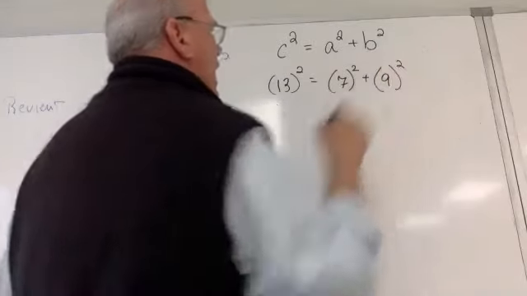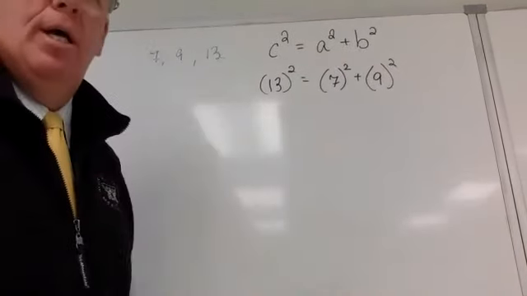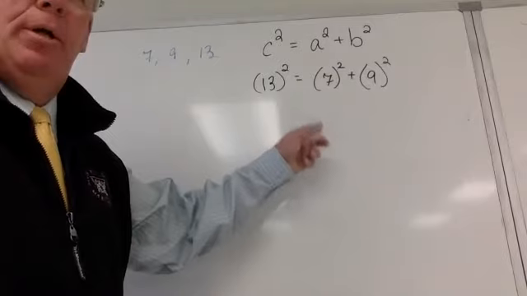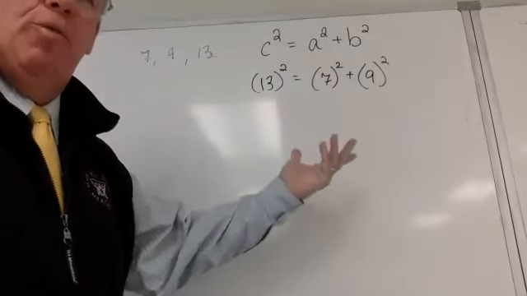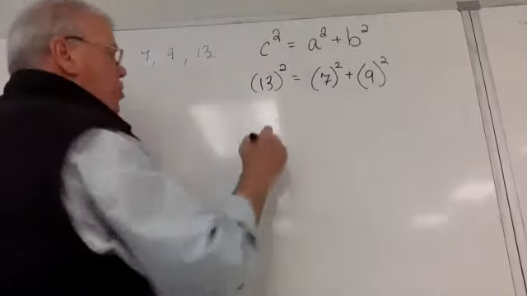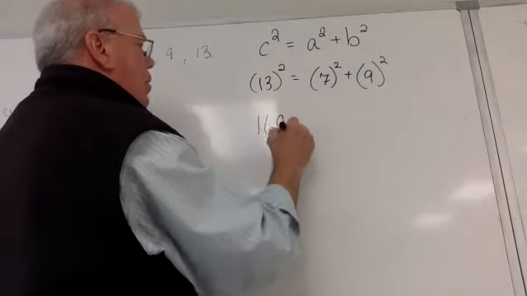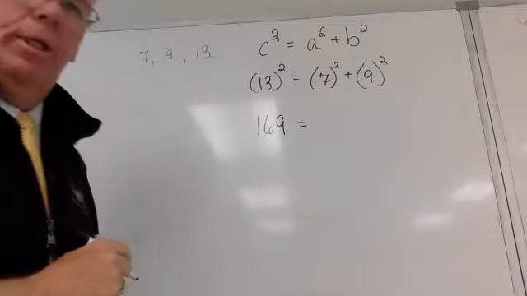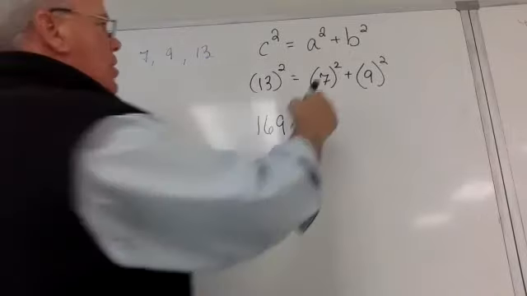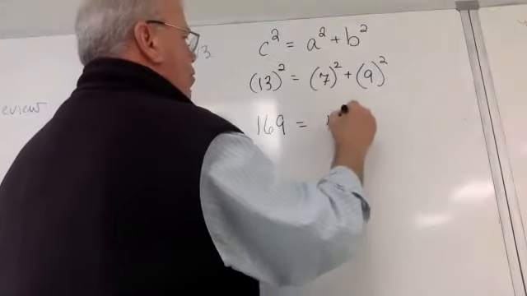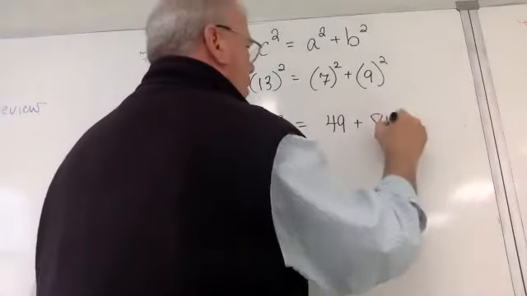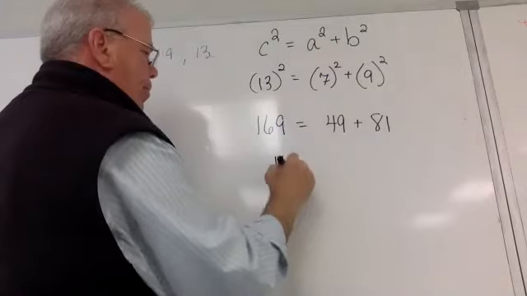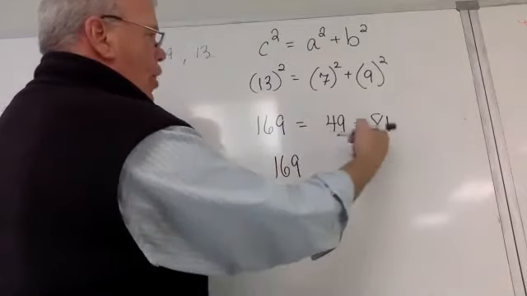Now, if I do that work and that actually gives me a truthful answer, then I know it's a right triangle. So what's 13 squared? 169, right? What's 7 squared? 49. What's 9 squared? 81. So 49 and 81.